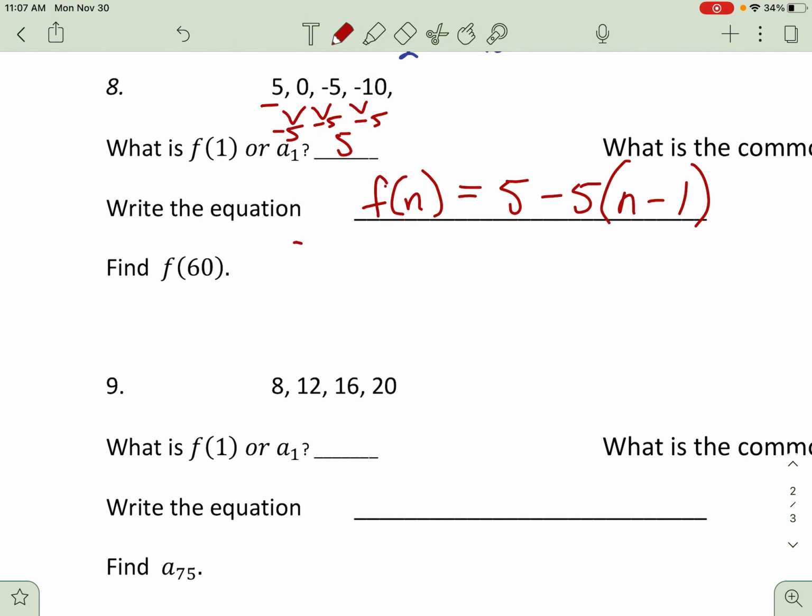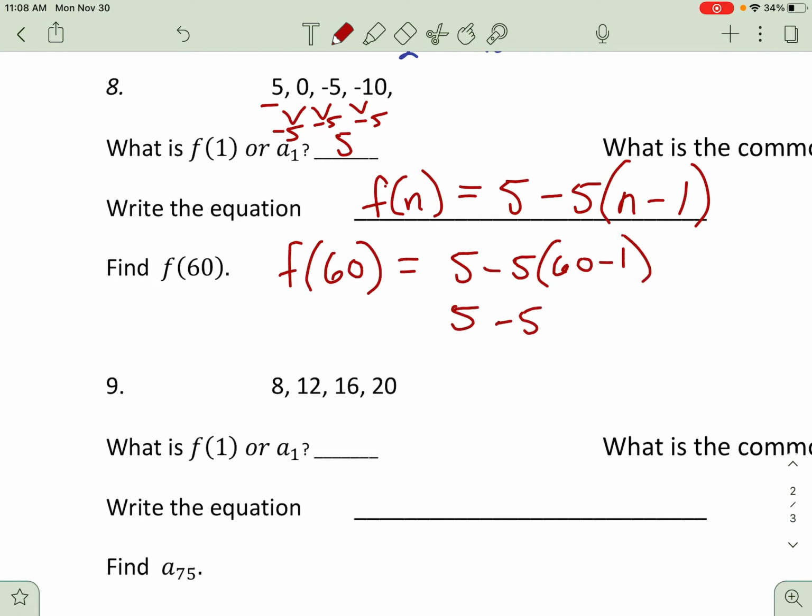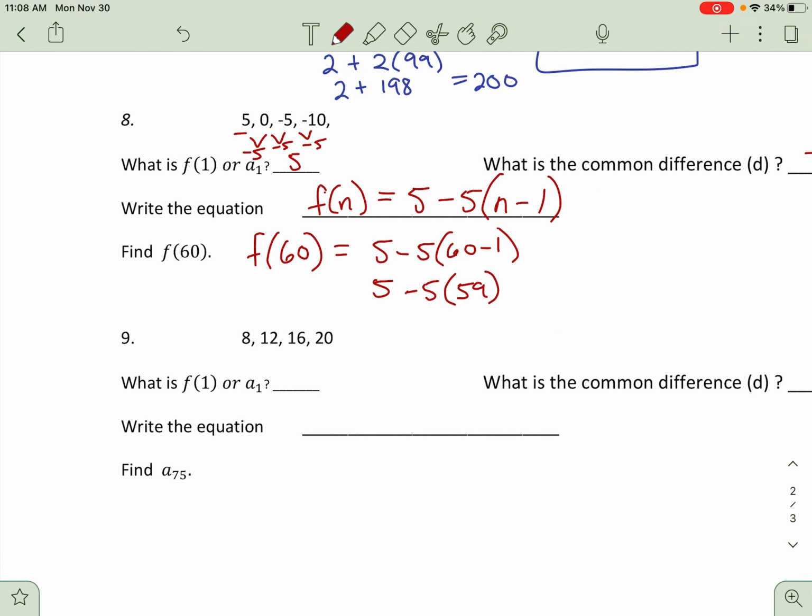So let's find f of 60. The value of the function at 60 is equal to 5 minus 5 times 60 minus 1. Okay, so minus 5 times 59, and you can use your calculator for this. 5 times 60 is 300.